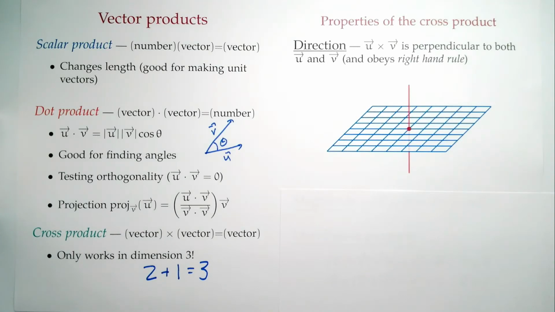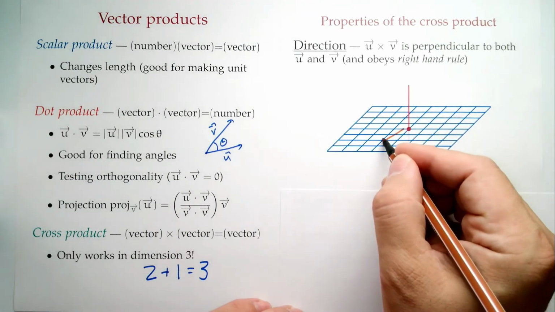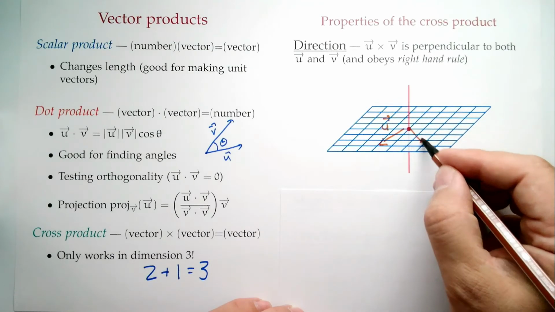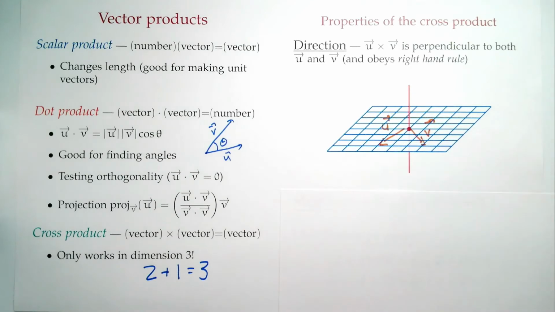Well, if I have 2 vectors, I can think about the 2 vectors as contained inside of a 2-dimensional subspace of 3-dimensional space. So in particular here, say, here's a vector u, and here's a vector v. And they're both inside of this plane here.